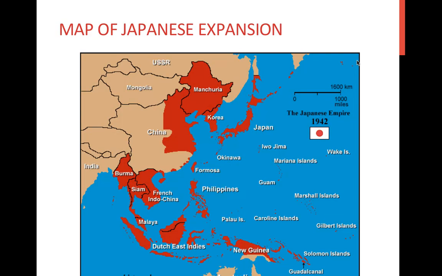Today we're going to be focusing on the war in the Pacific, and that was a war fought primarily between the United States and Japan. And I want to first get into some of the root causes for that. I want to start with Japanese expansion in East and Southeast Asia in the 1920s and the 1930s. What you see on this map, the areas shaded in red, are areas that were controlled by Japan in 1942.